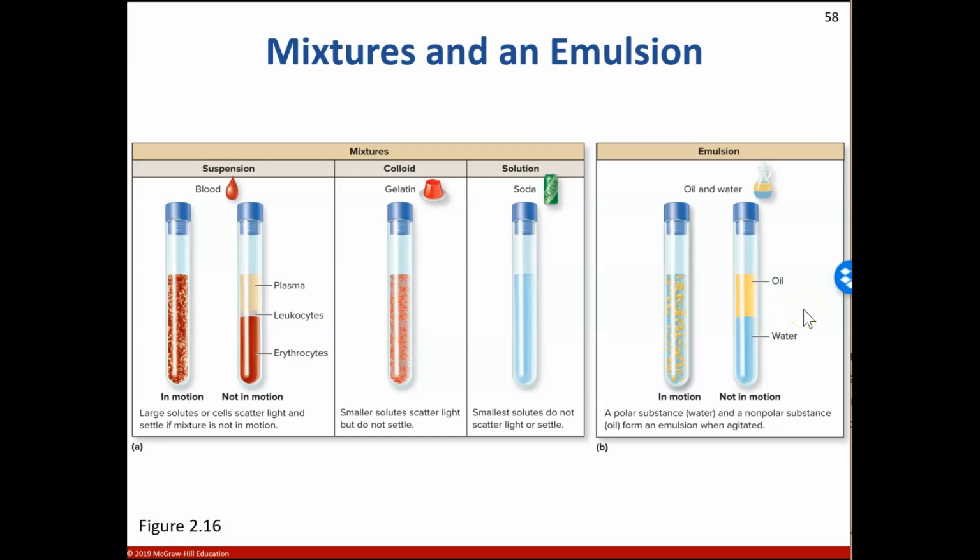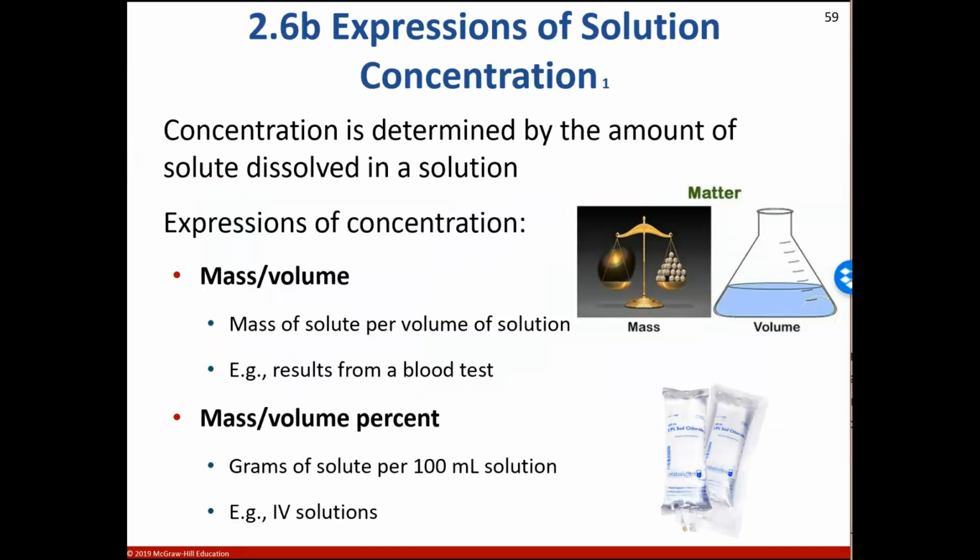So how do we express a solution concentration? The concentration will be determined by the amount of solute, those particles that are dissolved in a solution. So we can express this as mass and volume. So our mass would be the solute per volume of solution.